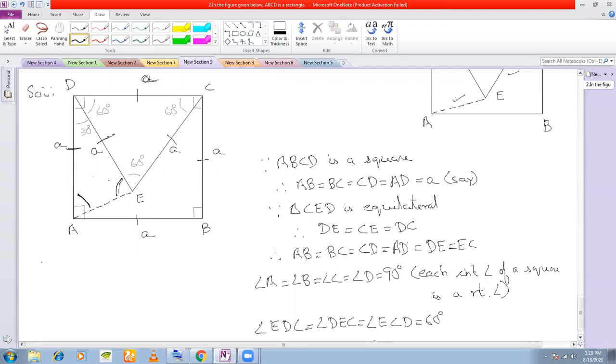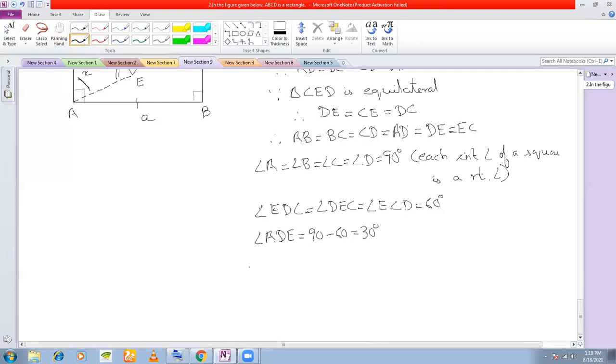Yes, sir. Okay, so I take these two angles to be x. So let us first write triangle DEA is isosceles.